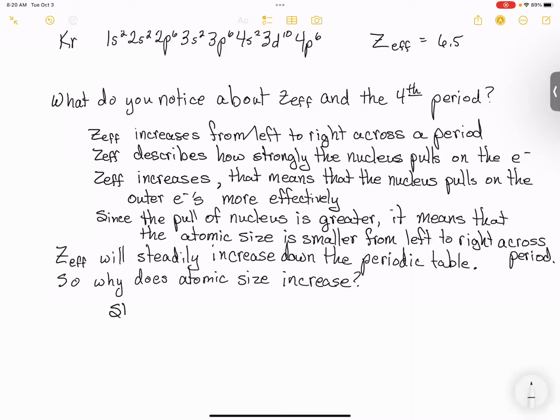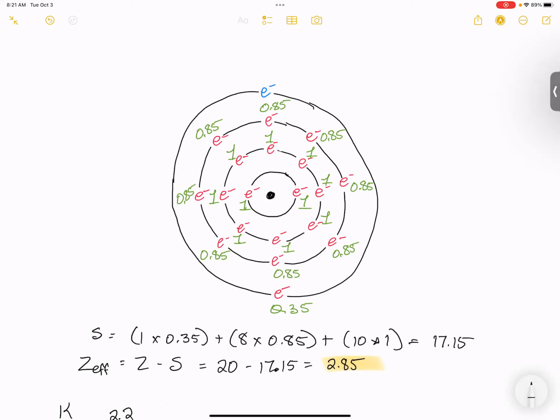The answer is shielding. Think about an onion. Most of us have cut up an onion and looked at it, or think about a tree and the rings of a tree if you want. What happens when you add on more and more rings? It gets bigger.